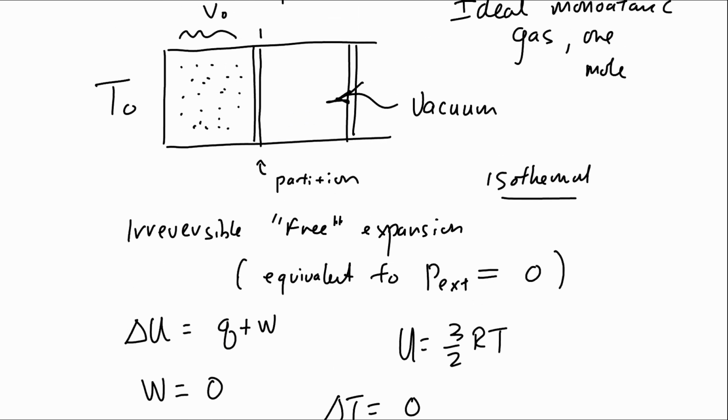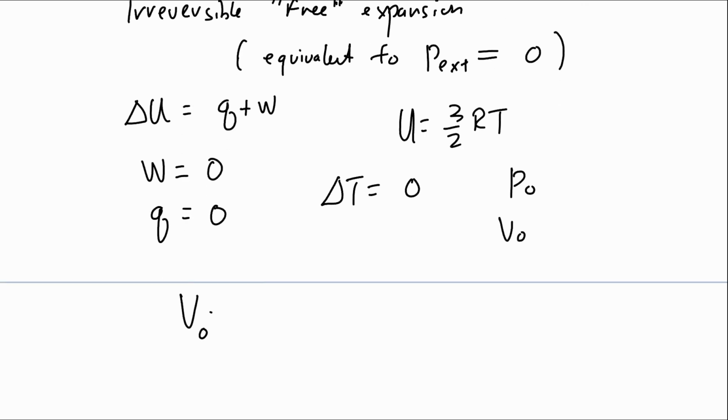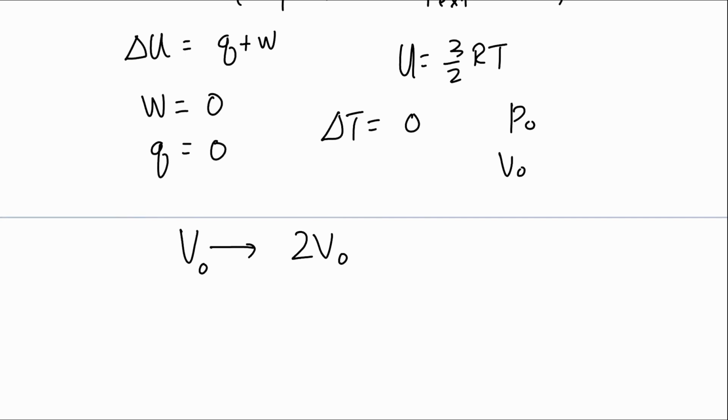Now this is an ideal gas. So I have a gas, and there's an initial pressure and an initial volume, and we do this expansion. V naught goes to 2V naught, right? T naught doesn't change. No work or heat.